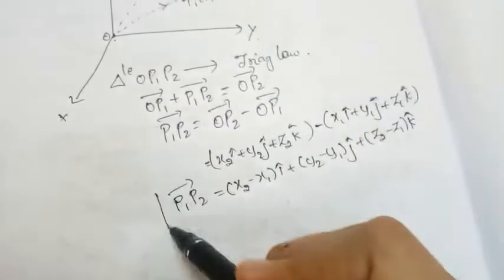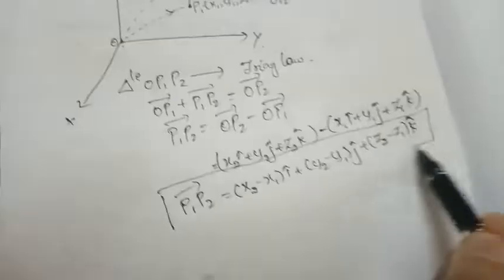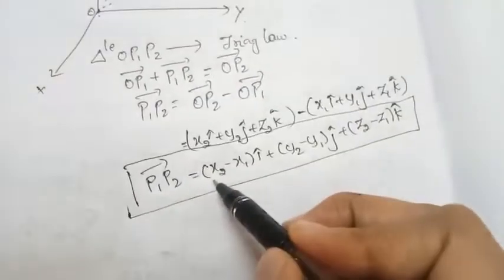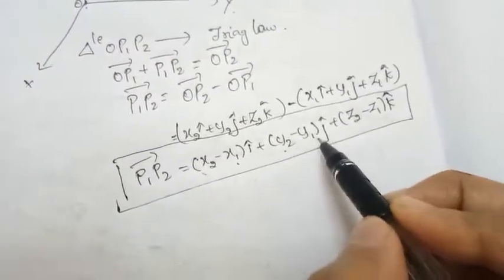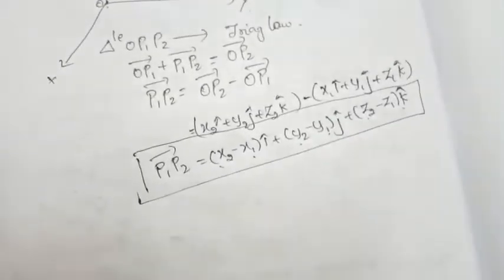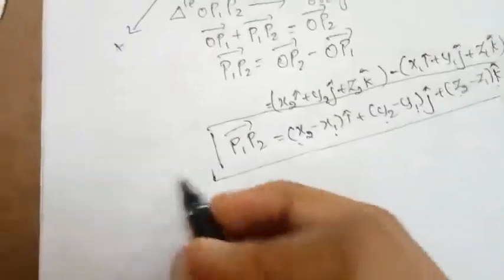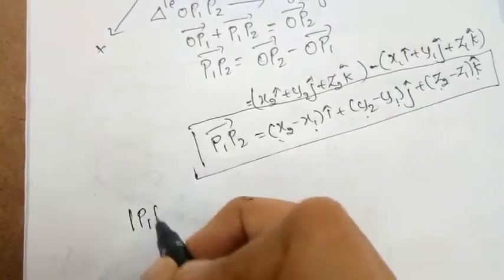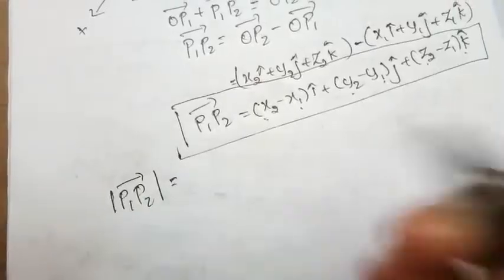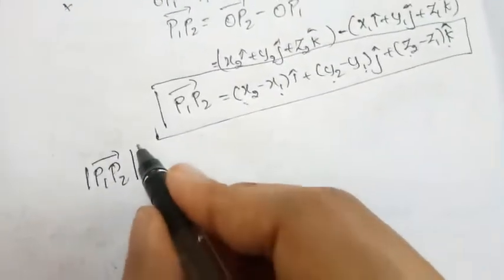So here we got the component form of the vector joining 2 points, where x2 minus x1, y2 minus y1 and z2 minus z1 are the scalar components of this vector. Suppose I need to find the magnitude of this vector, how are we going to take the magnitude of a given vector?